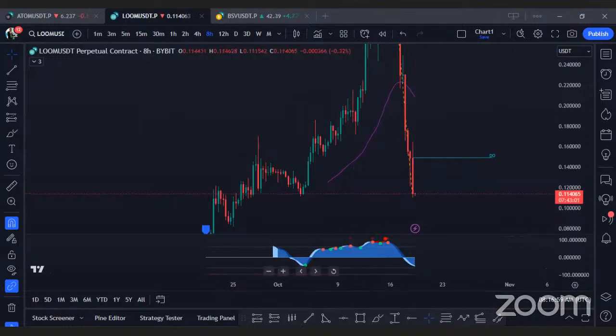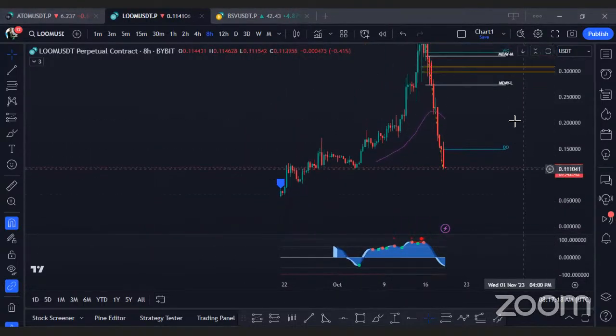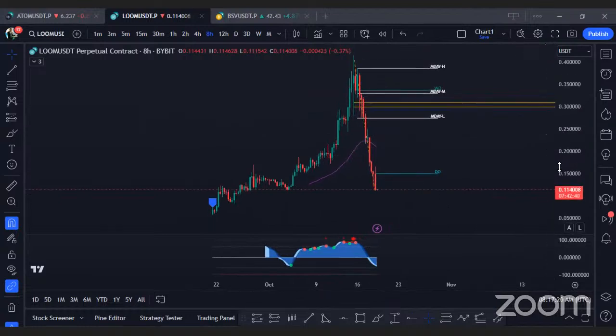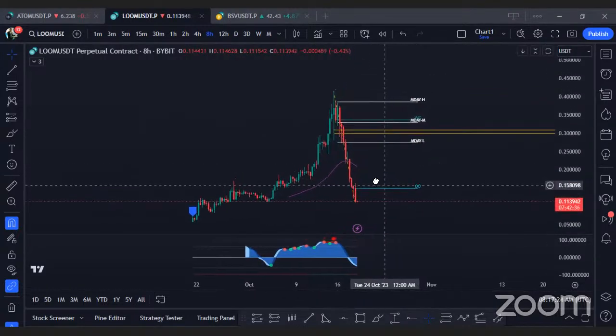I hope I did not set limit orders for Loom. Let me check. If I say long Loom now, Loom could decide to go down to zero.